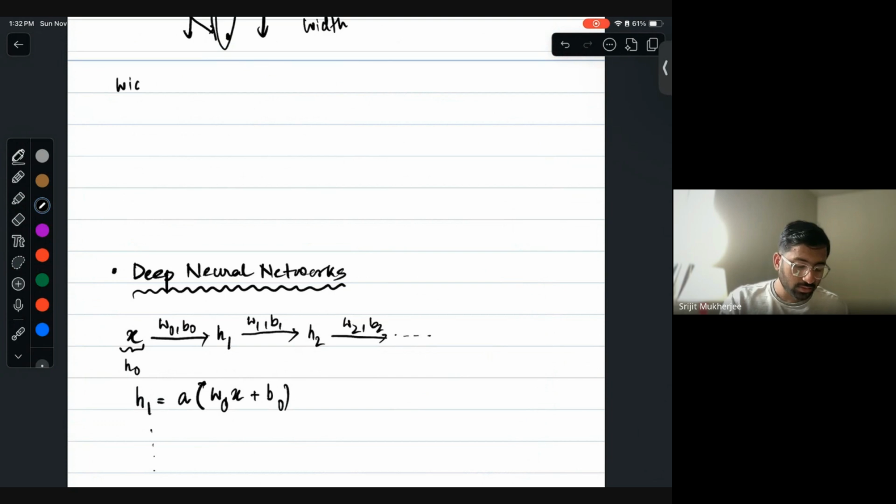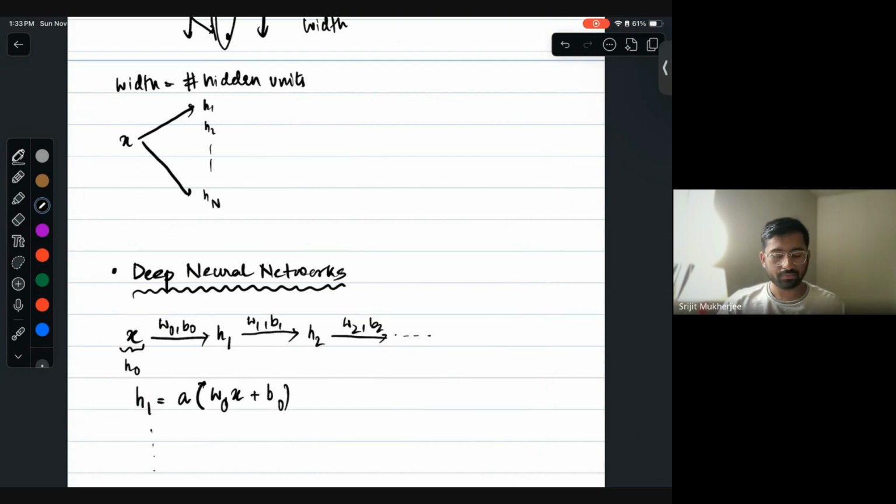The width is the number of hidden units, like x goes to how many neurons, h1, h2, hk, h capital N. It shows that as you increase N, the error decreases.